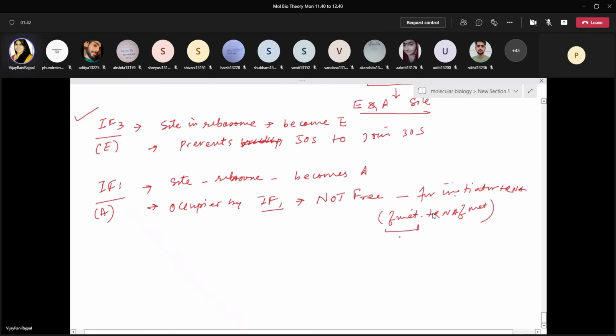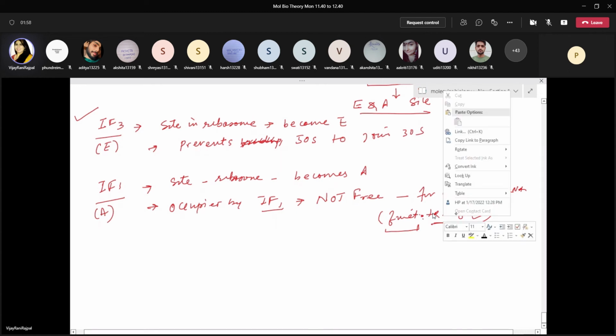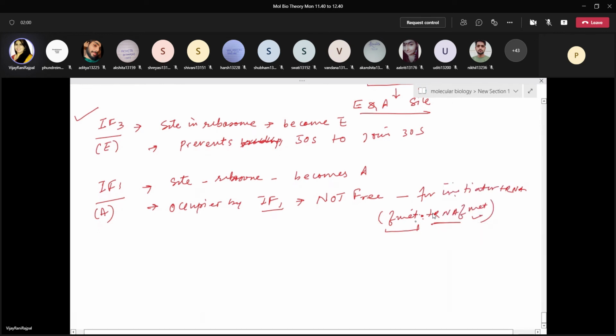This is formylated methionine and this is the tRNA which is specific to carry this methionine. So they are a complex, that's why a dot is put in between: FMET dot tRNA FMET. It is a tRNA specific to carry FMET, and it is carrying FMET now. So this is the activated, charged tRNA.